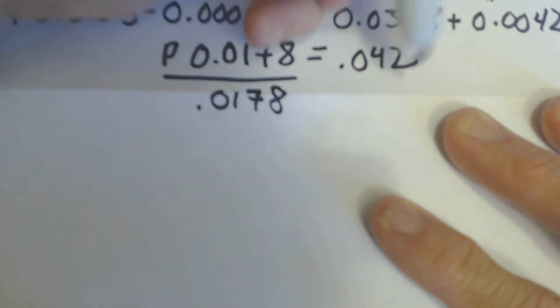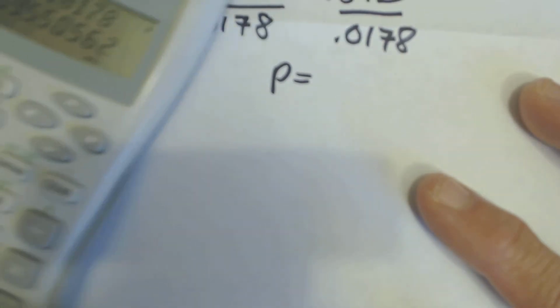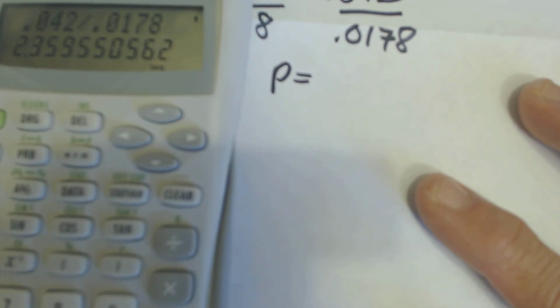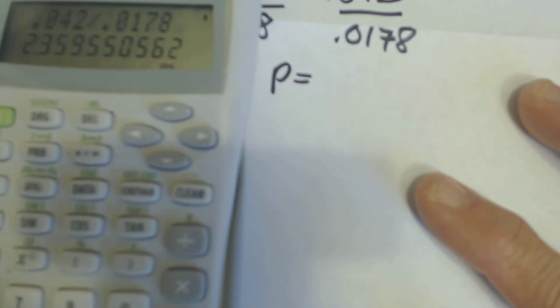Then we're going to divide both sides by 0.0178. And thus the P we are looking for is going to equal 0.042 divided by 0.0178. So it's 2.3595 and so on. It's an irrational, non-terminating decimal. So I'm just going to leave it at 2 decimal places, so it's going to be 2.36. I'm going to round up.